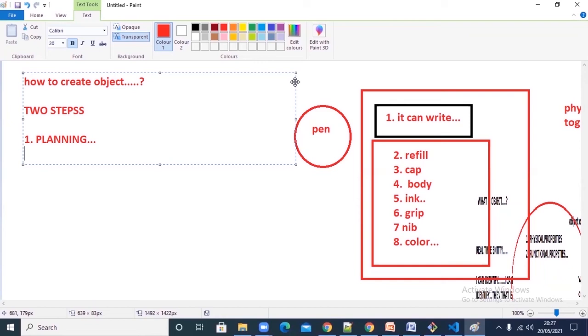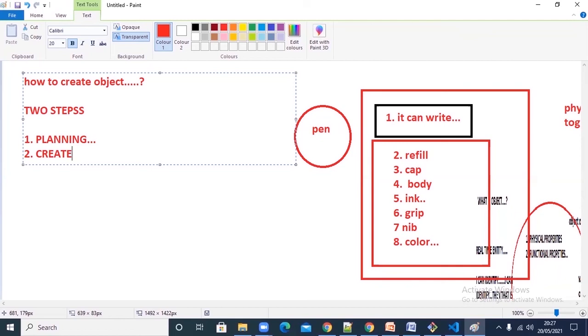Everything you are doing, you are planning it. The first step is planning. The second thing you do is create it. You actually implement it. You make a plan first, then you implement. Those are the two steps.